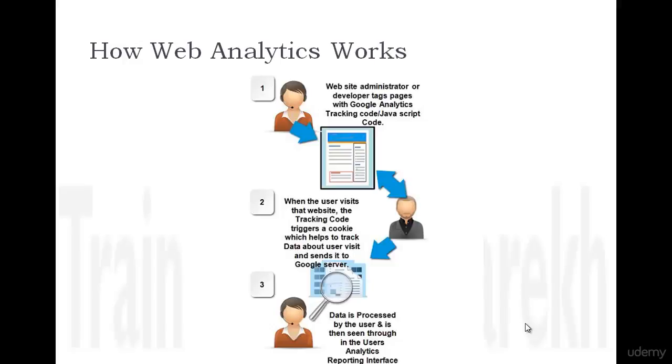That HTML also has an element in the form of the tracking code which has been provided to us by Google, in this particular case where we are learning about Google Analytics, and that tracking code is going to trigger an element known as cookies which gets stored on your web browser. And these cookies are also a kind of script file.